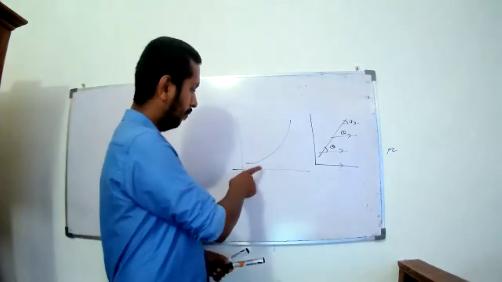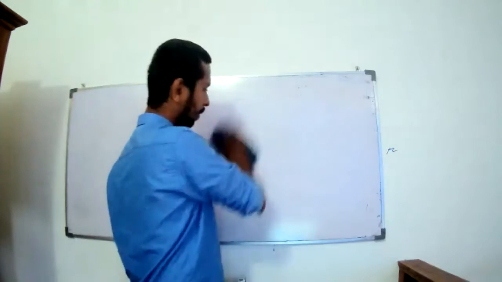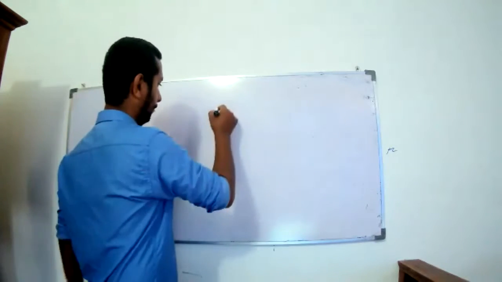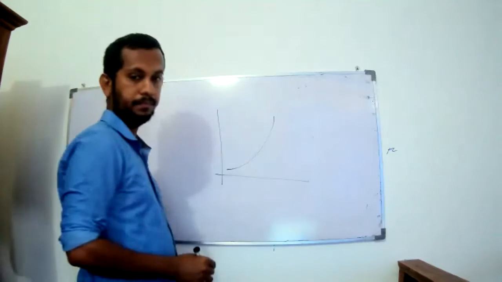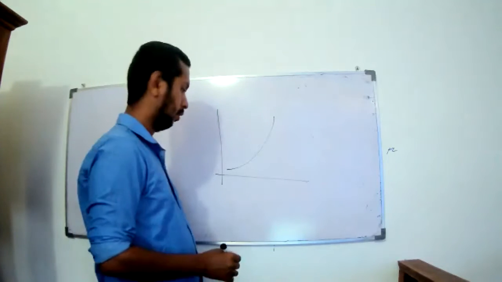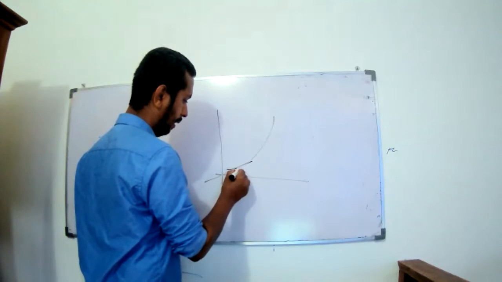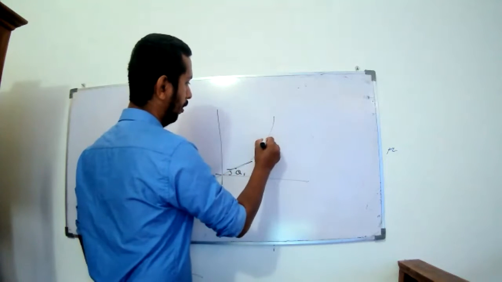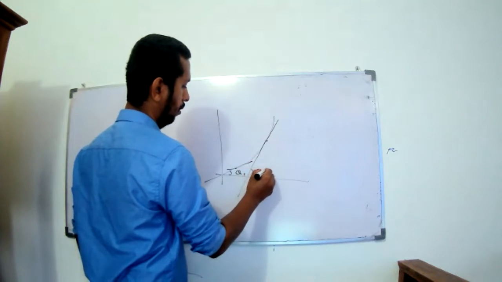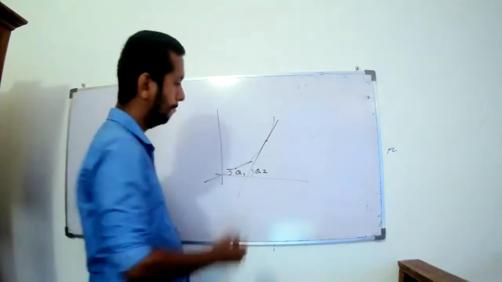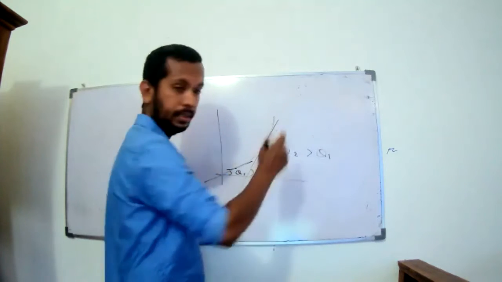But if I consider the initial graph, you can see the gradient is not uniform. So first I am going to draw a tangent to this point. The angle is θ1, and I am going to draw the next tangent to the given point, θ2. You can see θ2 is greater than θ1.